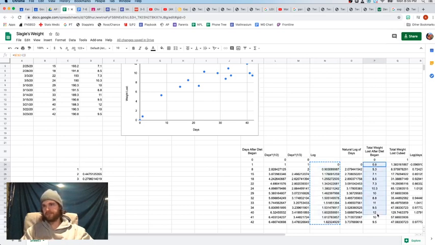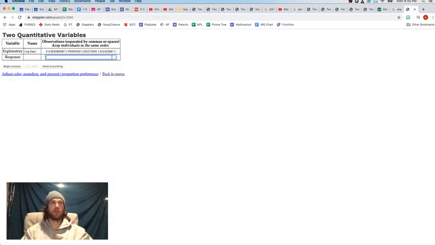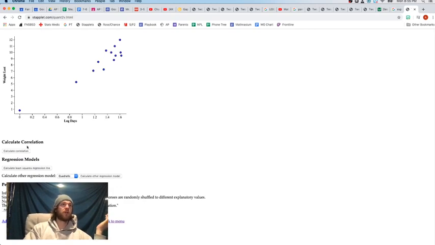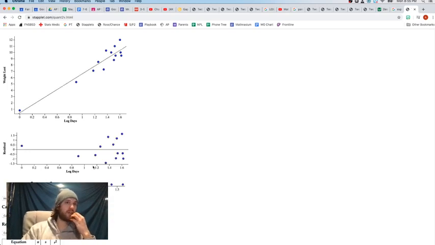And then over here, I have the total weight after the diet began. That's going in my response. That's weight lost in pounds. When you graph them, there you get your scatter plot looking fairly linear. There's your correlation coefficient. Calculate the least squares regression line.